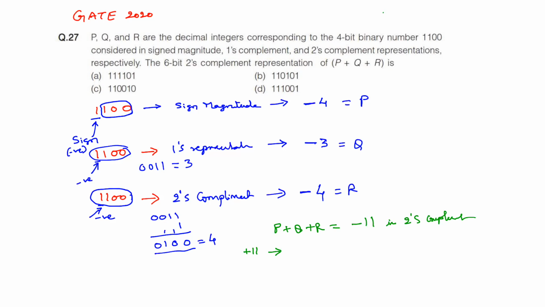Normally, you know that 11 is 1011. This is unsigned. If it is unsigned representation, only 4 bits are required. 4 bits means 16 combinations. Out of 16 combinations, all are used for positive numbers only.